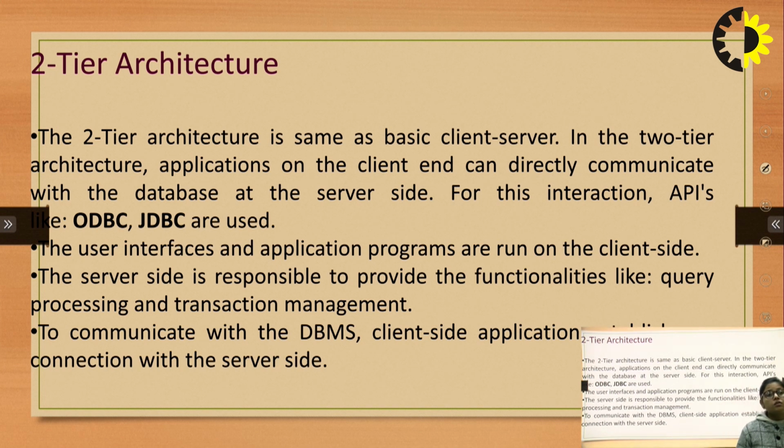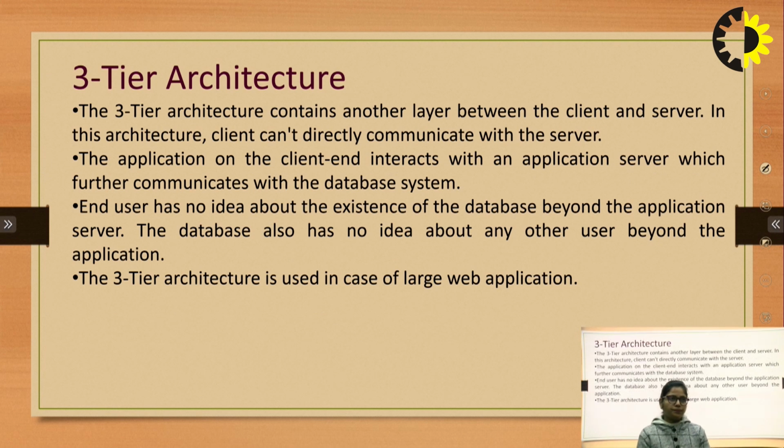The server is responsible for providing functionalities like query processing and transaction management. To communicate with the DBMS, client side applications establish a connection with the server side. When the connection is established, they start processing the requests which are generated by the user.